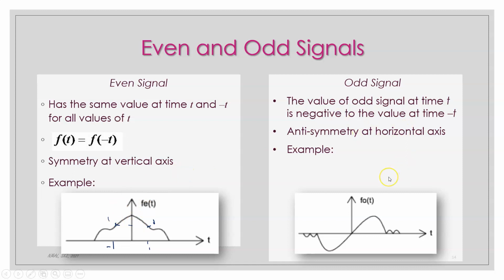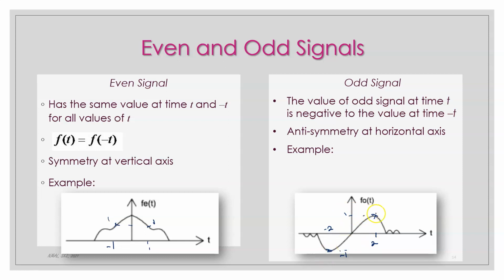For the odd signal, the value at time t, let's say at time 2, is the negative of the value at time negative t. So at time -2, and the value here is 1, and the value here is -1.